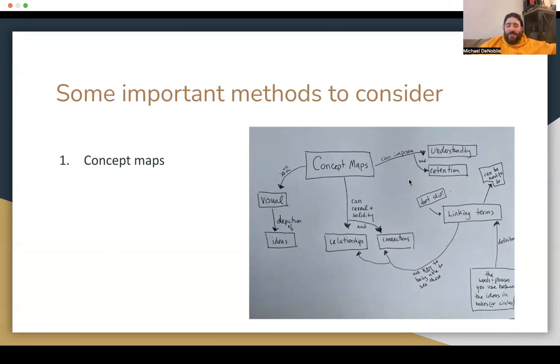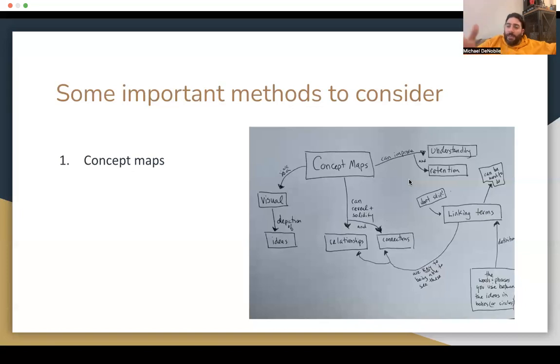So a lot of students have difficulty concretizing, like really setting it into stone of how ideas, because ideas in and of themselves are abstract, how ideas relate to themselves.